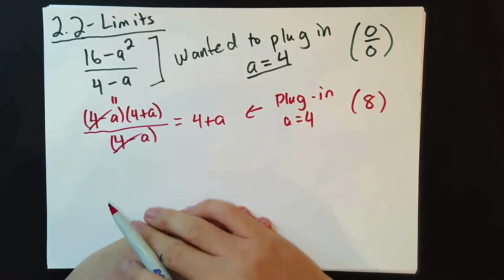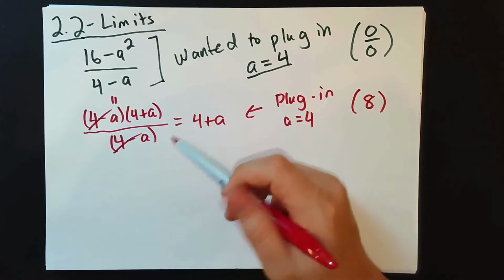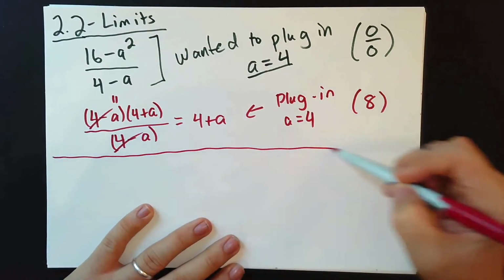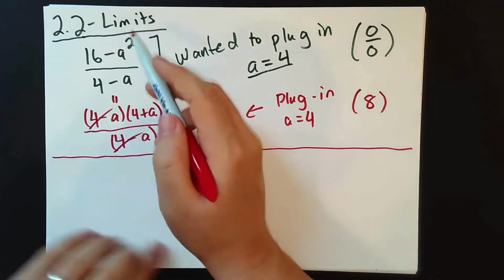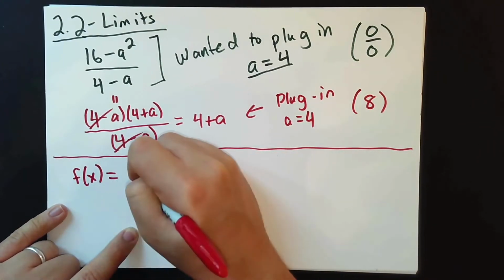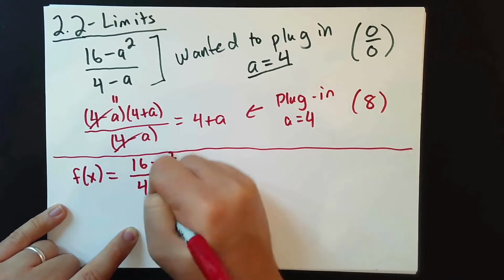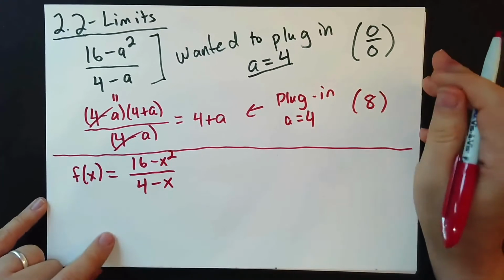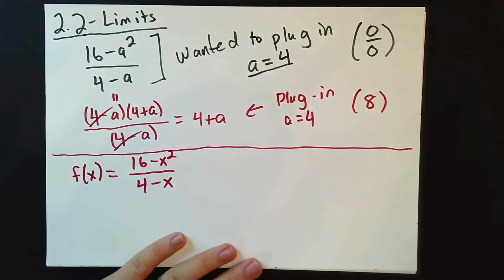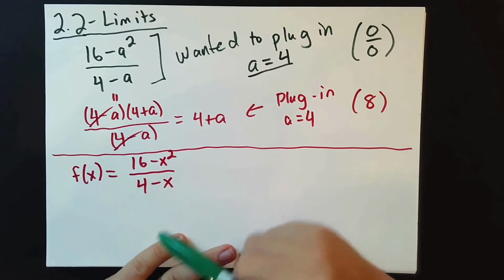I want to figure out what mathematically is really going on here. And in order to do that, I want to think about what happens when I graph the function f of x equals 16 minus x squared divided by 4 minus x. All I've done here is change the a's to x's and put it in function notation so that we can talk about the graph. Okay.